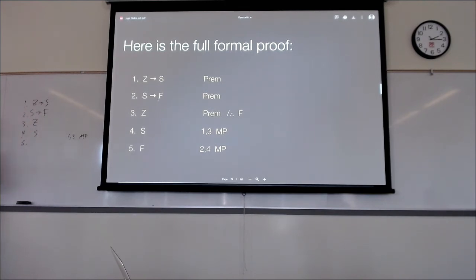We're kind of starting anew here. It's like we started with 3 lines and we generated something new. Now let's look at everything again with a new eye. What can we see? Now we see circle, arrow, square, circle. So you can derive square, which is F. And then you write down what rule you used. Well, you use the same rule. And then you tell the reader which lines it applied to. 2 and 4.